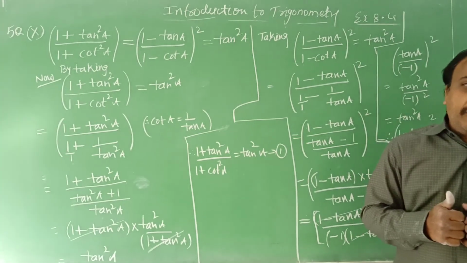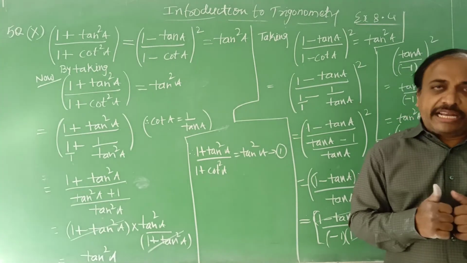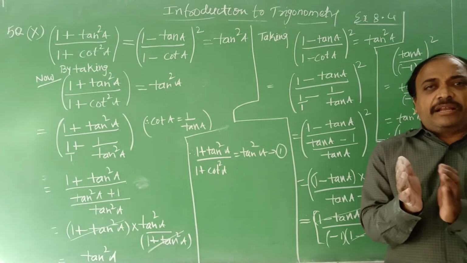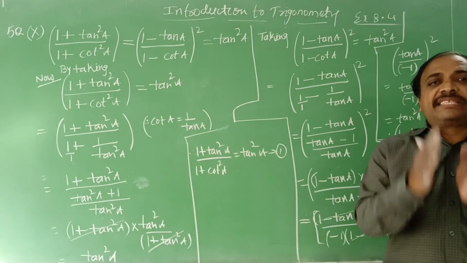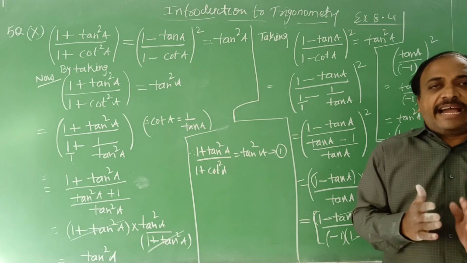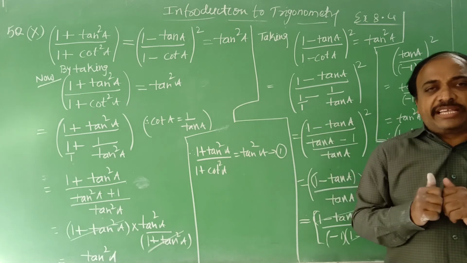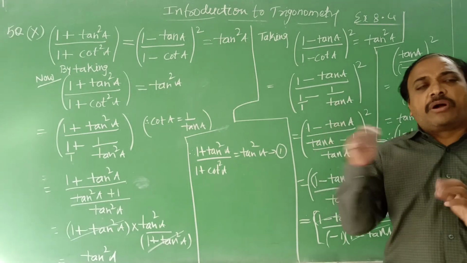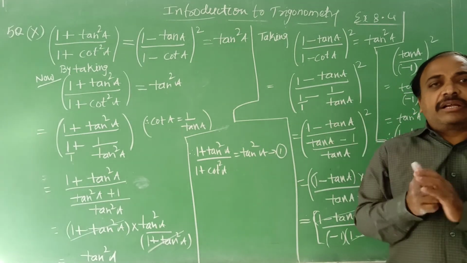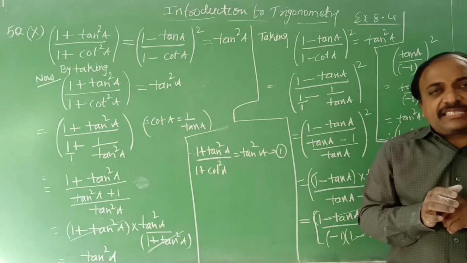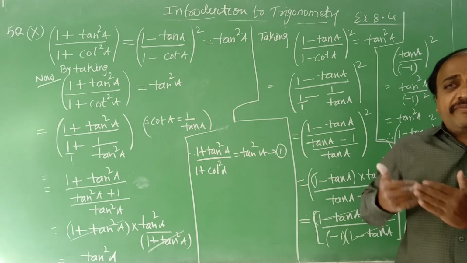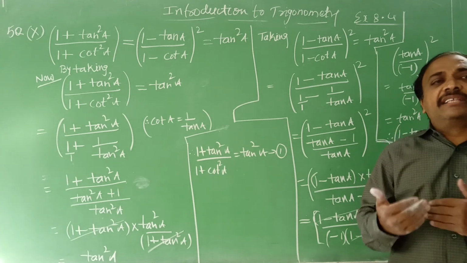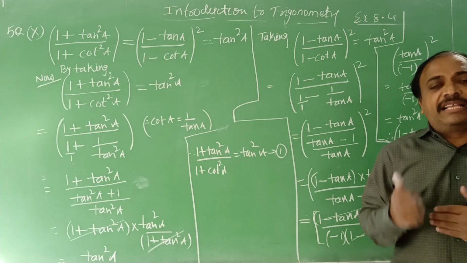These are the 6 trigonometric ratios: sine, cos, tan. For sine the reciprocal is cosecant, for cos the reciprocal is secant, for tan the reciprocal is cot. From these we defined trigonometric ratios of complementary angles.